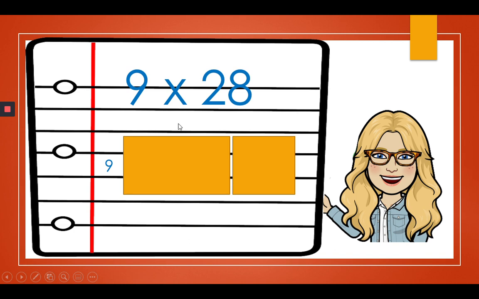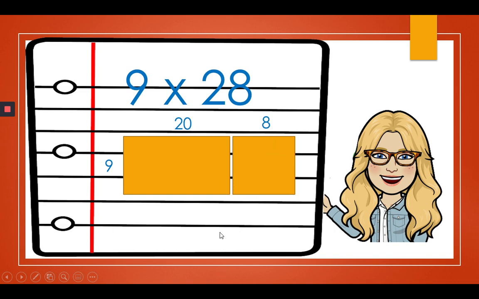Next, I take my 2-digit factor and divide it into the tens and the ones. So we're going to place our 20, that's how many tens I have, 2 tens equals 20, over the tens box, and then I'm going to place my 8 over the ones box.